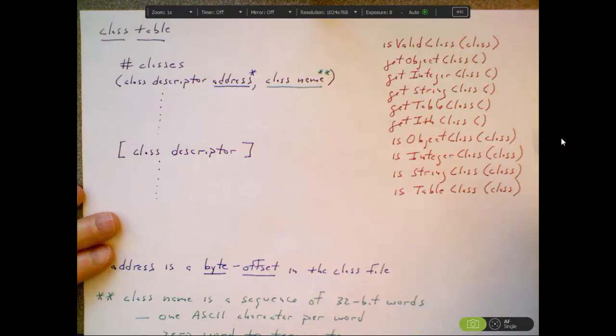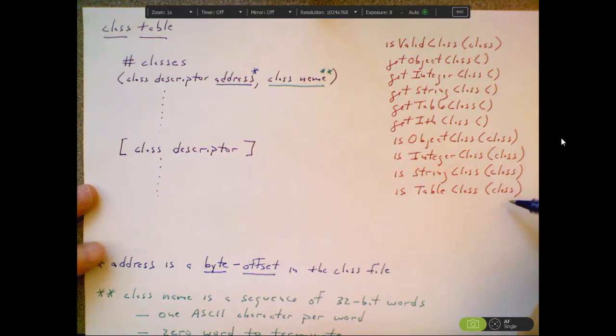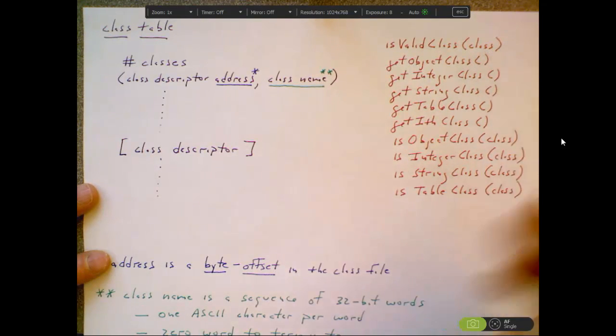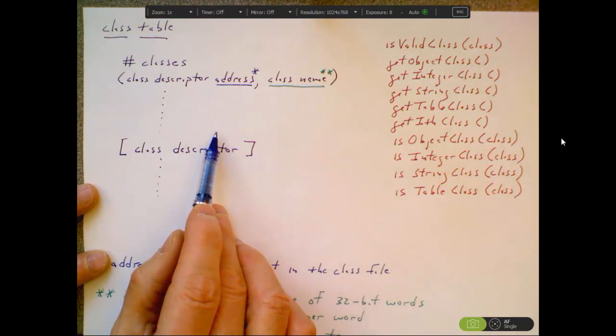Okay, so there's a set of functions here to implement to access information in the class table. So, is it a valid class? Again, you have a parameter here, class. What this is going to be is an address for a class descriptor, and is valid class is just checking to make sure that there actually is a class descriptor at that address.